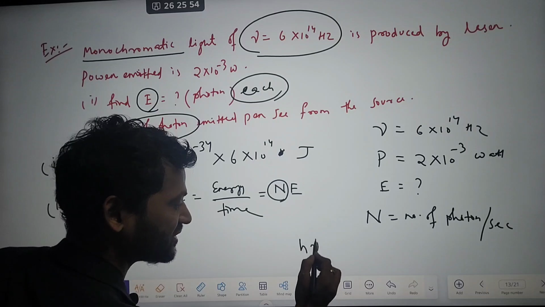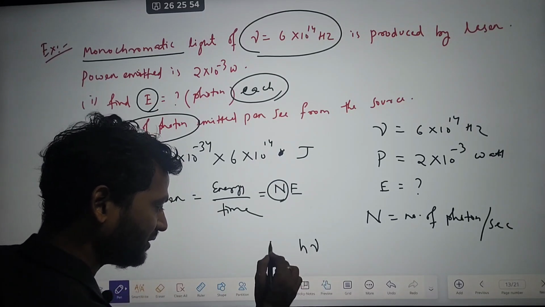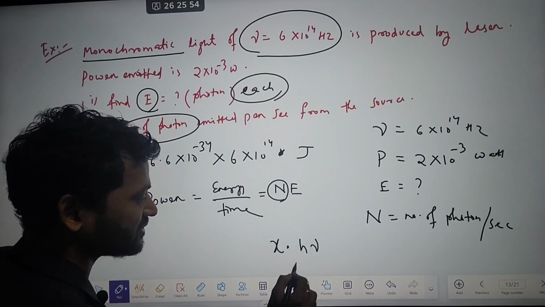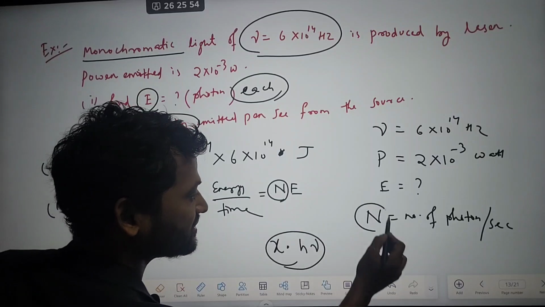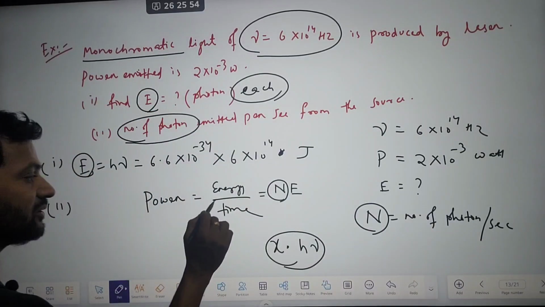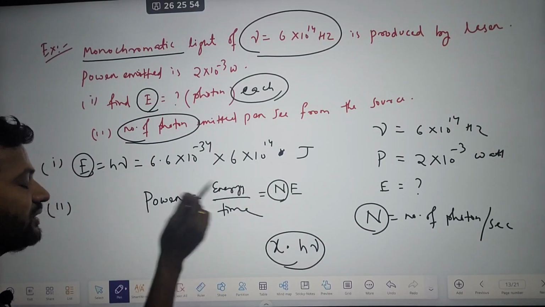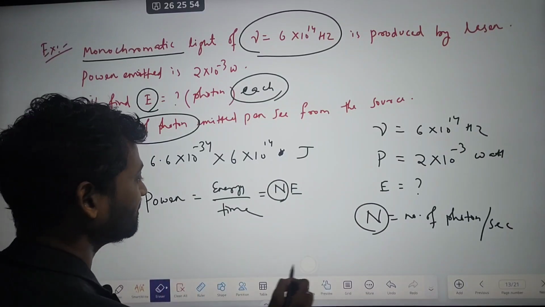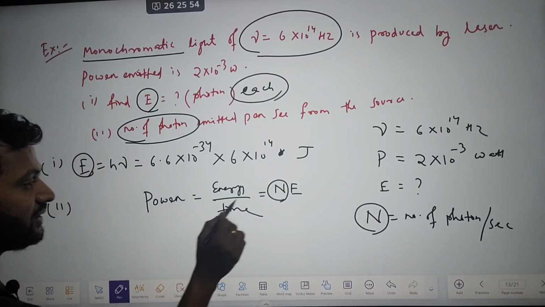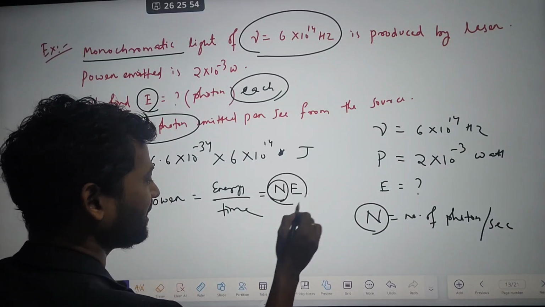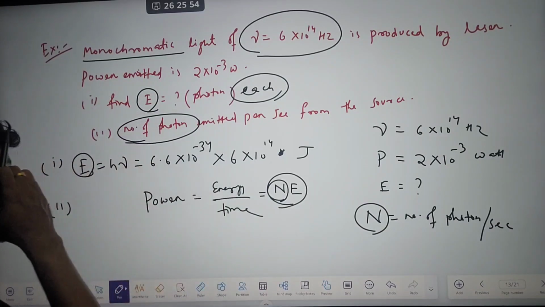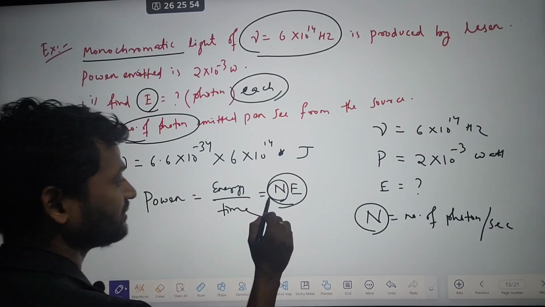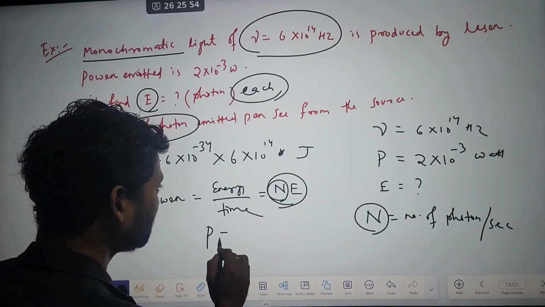Energy of each photon is h mu; if there were x photons it would be x into h mu, but here n is the number of photons per second. So power is n into E, which is nE.